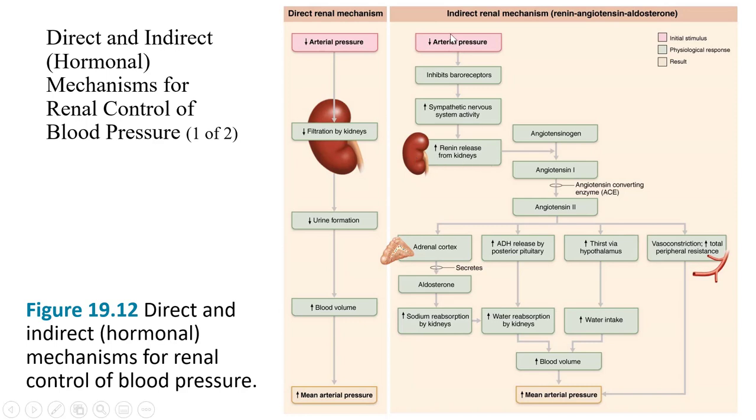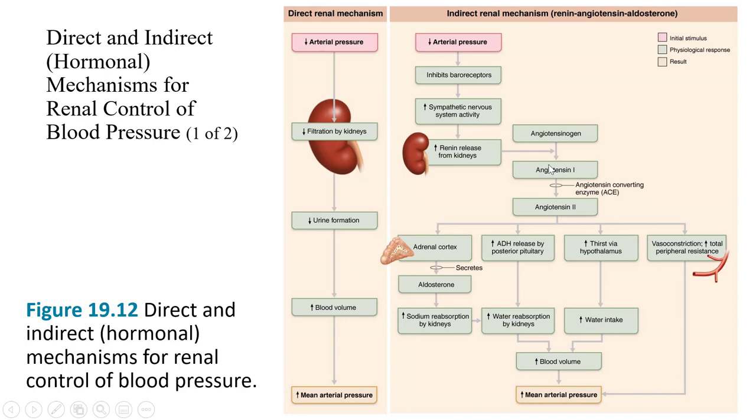The kidney will only produce renin if there is a decrease in arterial pressure. So you're losing blood. Once renin is around, it converts angiotensinogen, which is a precursor, into angiotensin 1.